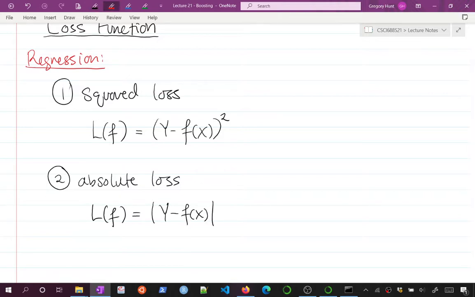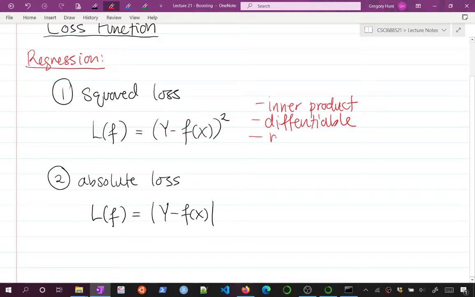Now, there are some really nice theoretical properties of the squared error loss. In particular, at least the sample version of this can be written as an inner product. It's going to be differentiable, generally speaking, because squared is a differentiable function.